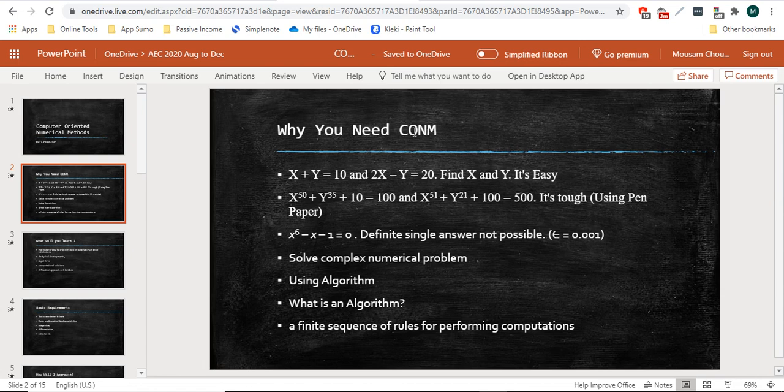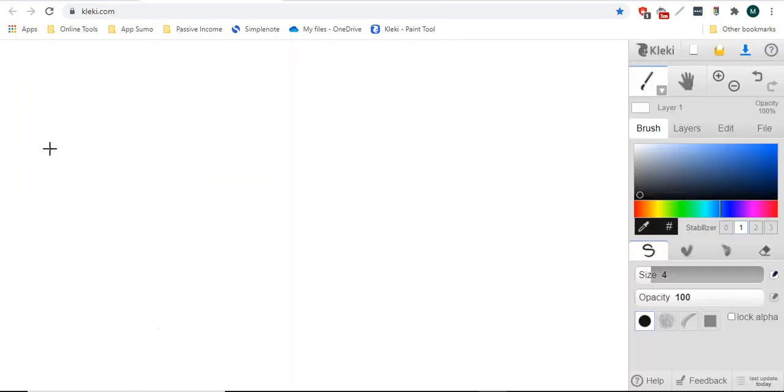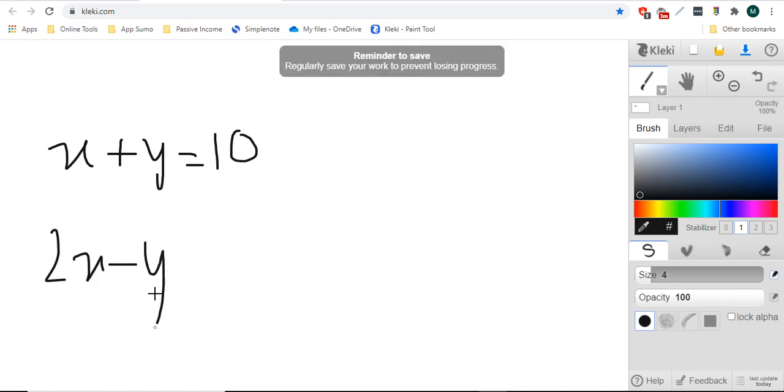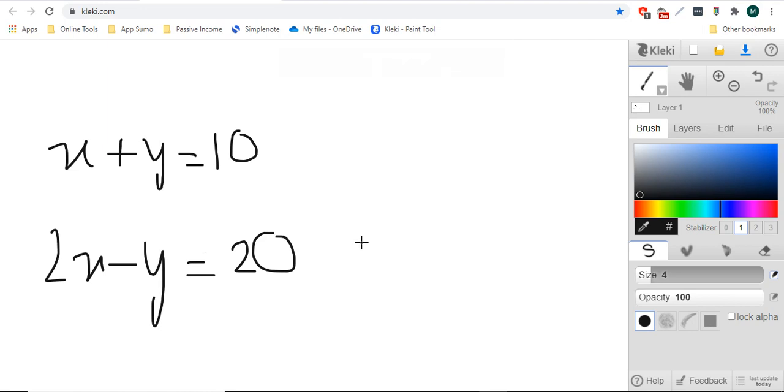Suppose I give you a simple problem. I ask you that x plus y is equal to 10 and 2x minus y is equal to 20. Then what is x and y? If I ask you to solve this, what will you do? You will take this as equation number 1, this is equation number 2, you will add 1 and 2.